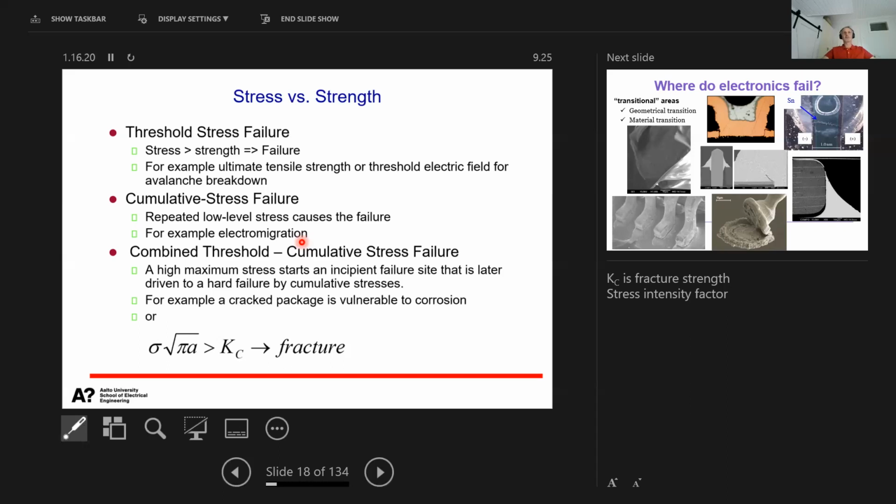When you have an electric conductor, like an aluminum or copper conductor, and you put current through it, if your current density is high enough, the atoms start to move, diffusing along with the electron flux. And sooner or later, that causes a failure. So that's a cumulative stress failure.